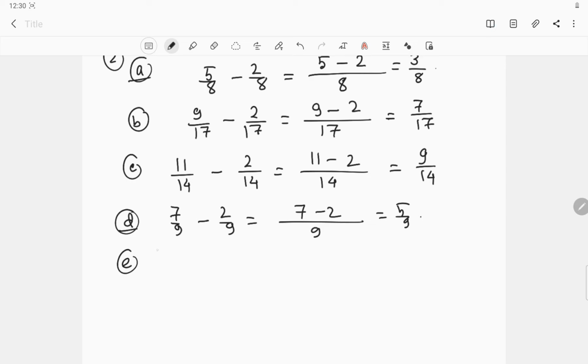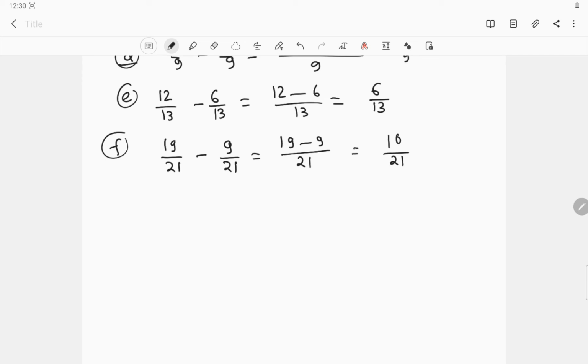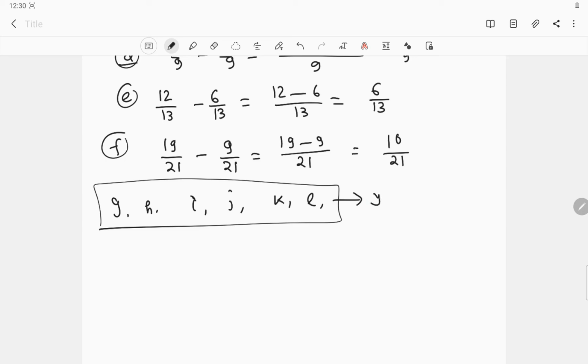E number, 12 by 13 minus 6 by 13, so it will be 12 minus 6, that is 6 by 13. F number, 19 by 21 minus 9 by 21, so it will be 19 minus 9, that is 10 by 21. Similarly, G, H, I, J, K, L, you can solve.